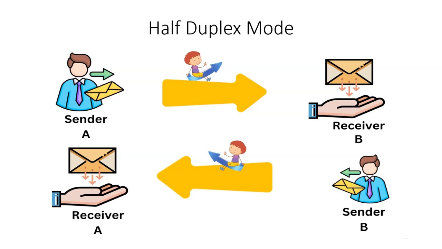In the second picture, system A, which is now the receiver, receives data from the sender, that is B. This means A can send data and B can receive data at time T1, and B can also send data and A can receive data at time T2. This mechanism is known as half duplex mode.